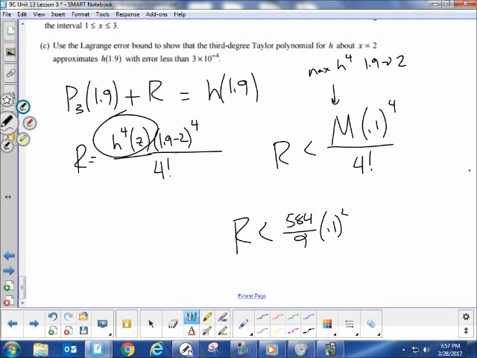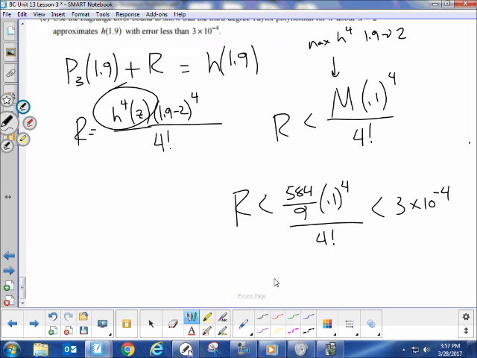times 0.1 to the fourth over 4 factorial, and I'm going to assume that's less than 3 times 10 to the negative fourth. And for this question, you actually have the calculator to use.